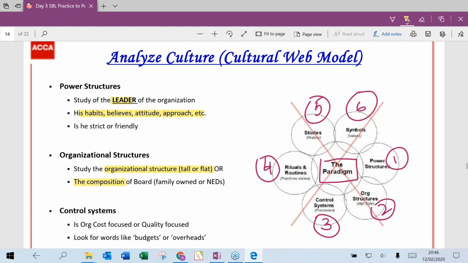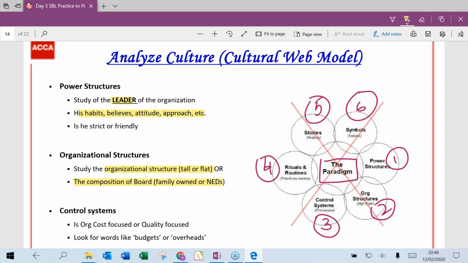Alternatively, you can also look at the composition of the board. Is it a family owned company, or are there NEDs on the board? Is it a listed company? So the composition of the board can also give you a good idea. If it's a family owned company, then all the family members will be on the board.